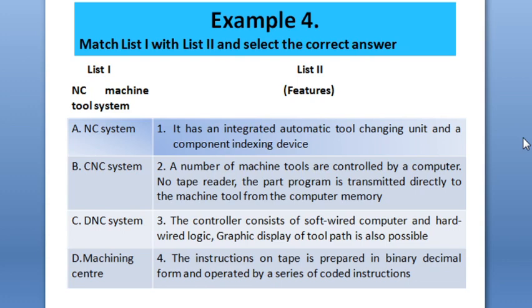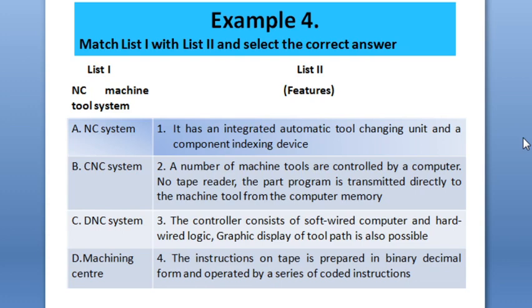Then example 4. There are 4 systems and 4 corresponding statements given. Match list 1 with list 2. The first list: NC, CNC, DNC, then machining center. First statement: it has an integrated automatic tool changing unit and a component indexing device.